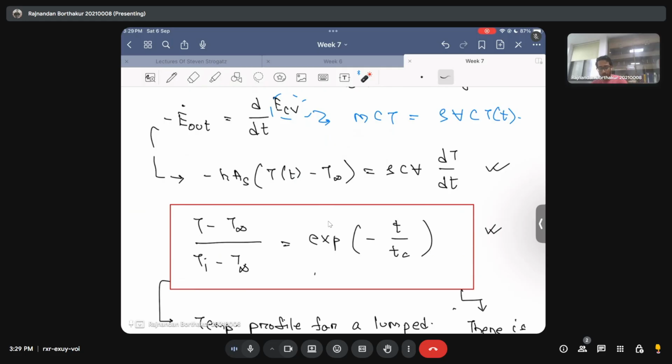So you will not end up getting this expression if there is heat generation. We will look into a problem at the end of today's discussion about what happens if there is heat generation in the case of a lumped body.